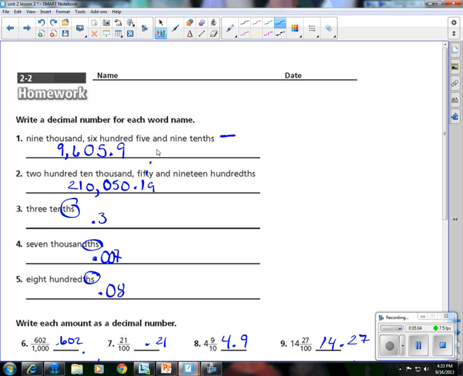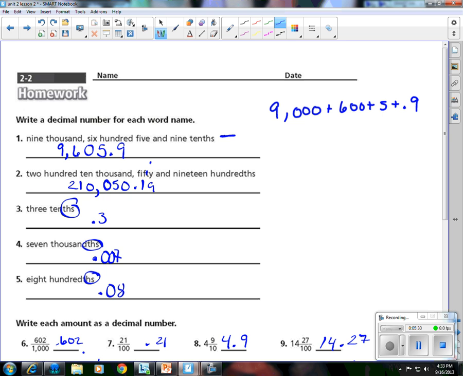If I wanted to do expanded notation on this number, on number 1, I would do 9,000 plus 600 plus 5 plus 9/10. So expanded notation, you just expand out the number to its entire place value. So let's try that on this next one.